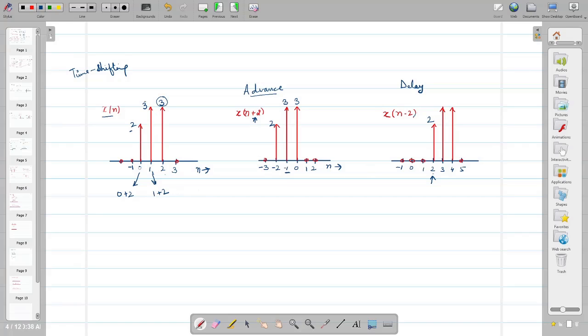So this 3 is located at 3 after delaying it by 2, and we have to add 2, so this is going to be 4, so this 3 is located at 4, and so on and so forth we can calculate.